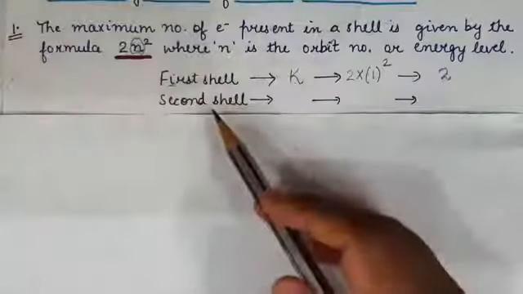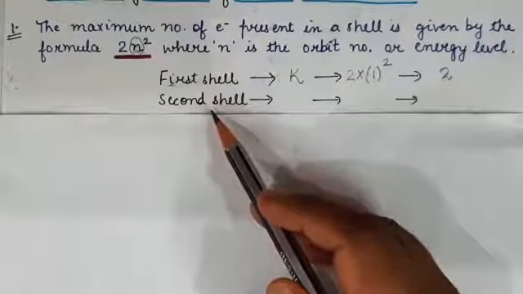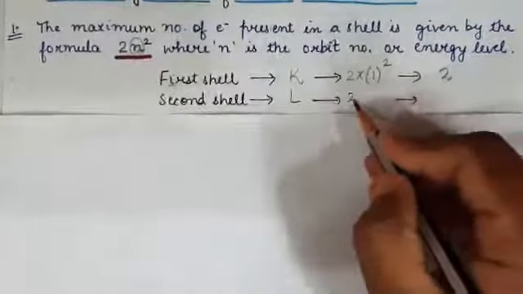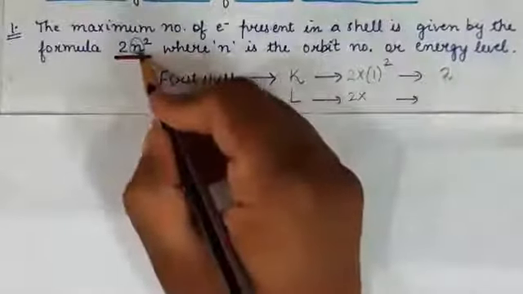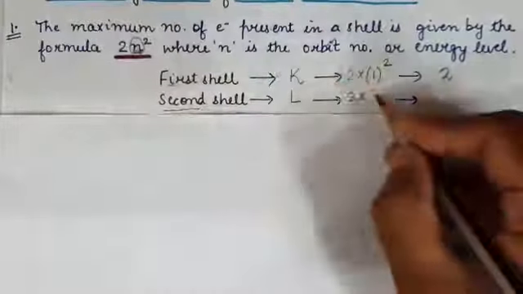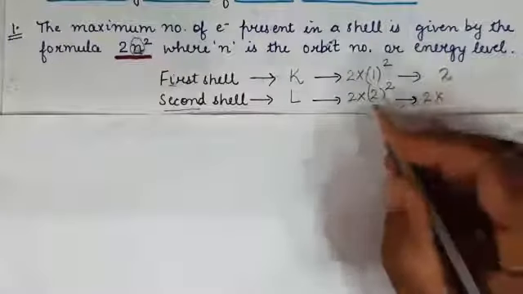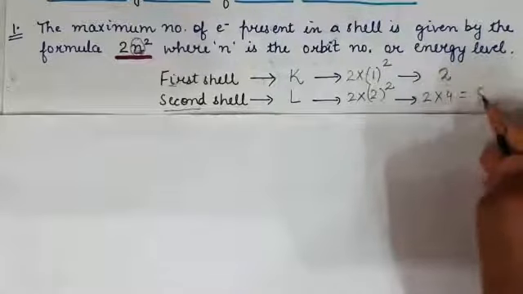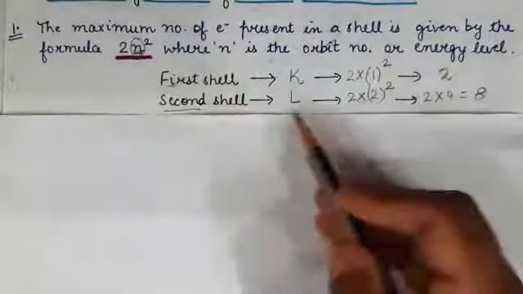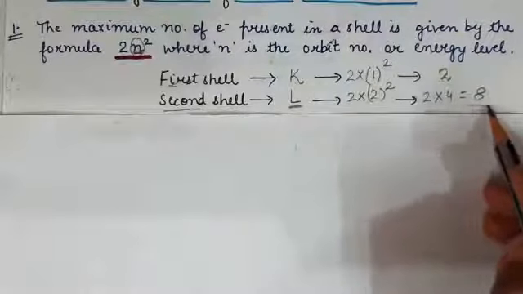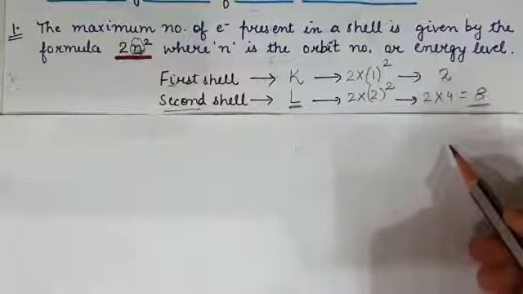Coming to the second shell, what was the name given to the second shell? It is L. So 2 into what is n? n is 2. So it will be 2 into 4, it means 8. The second shell, that is L, can accommodate a maximum of 8 electrons.